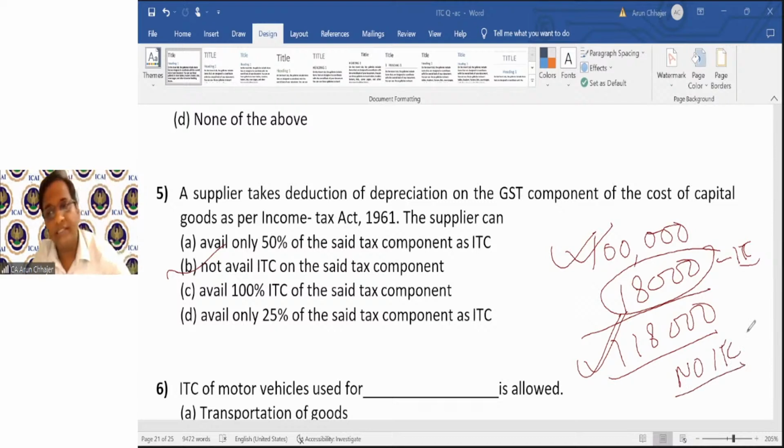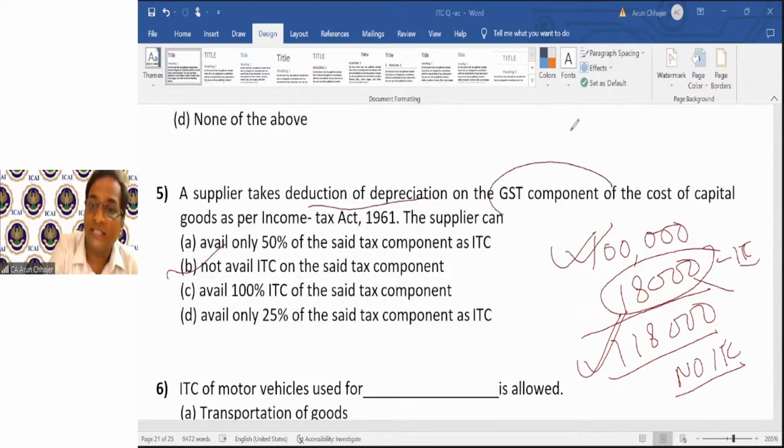Why no ITC? Logically, it is clear that at one side you are taking the benefit in the GST. At other side, you are taking the benefit in the income tax in the form of depreciation. So double benefit on any single amount is not possible. So they are saying the supplier takes the depreciation on the GST component.